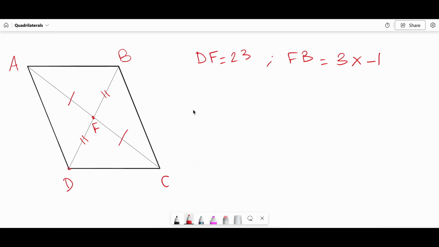Okay, so let's look now at this exercise. We have another parallelogram, and we have that DF is equal to 23. This segment here is equal to 23.